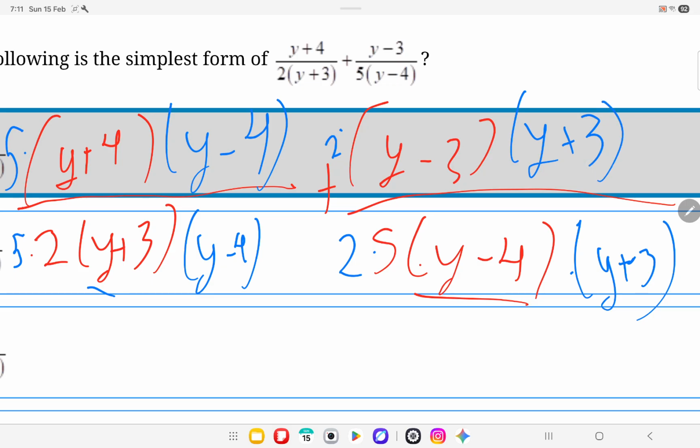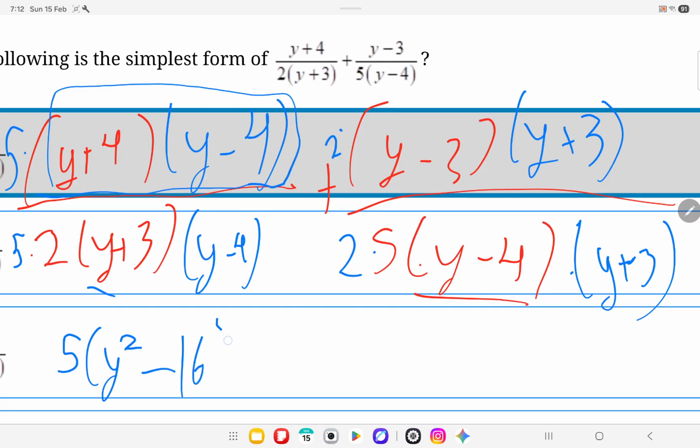So now we have to simplify everything. It'll be 5 times this. We can just distribute. We know this formula: y plus first, y, and then y times y minus second is just y squared minus 4 squared, which is 16.